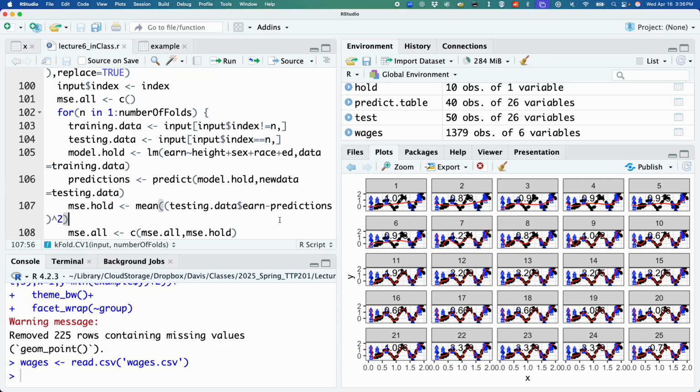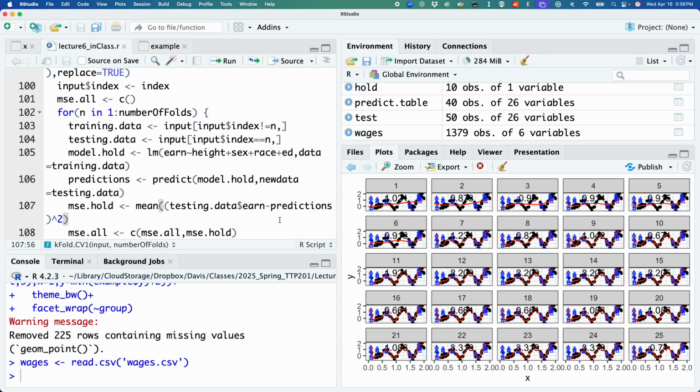Okay, great. So that means for k equals 1, I now have we'll call it the MSE of k equals 1. And if I loop back through, I will then generate k equals 2, MSE k equals 2.